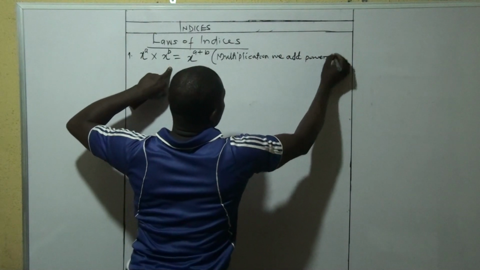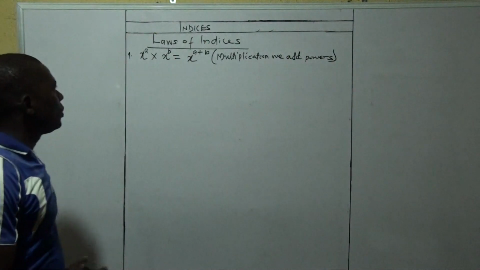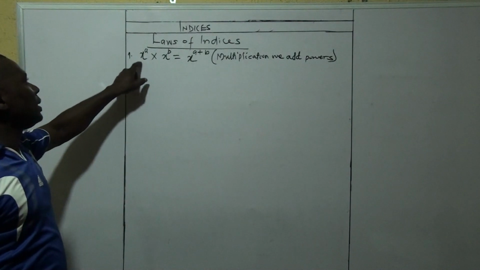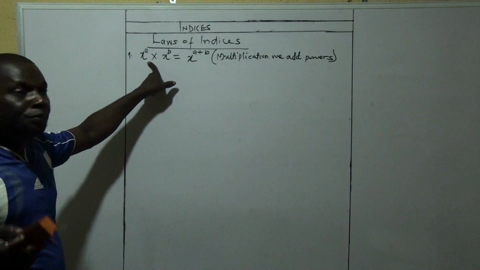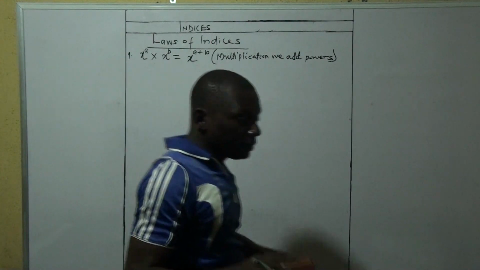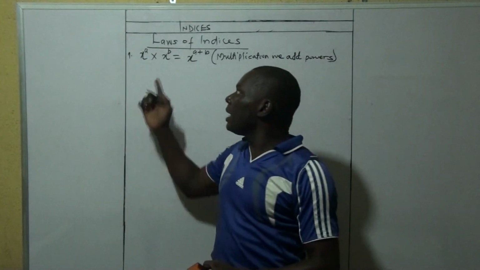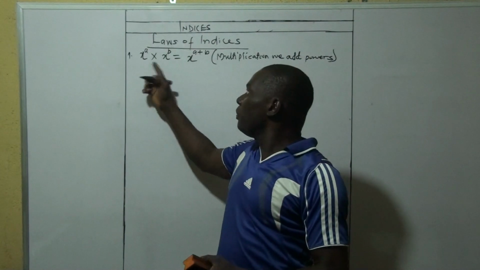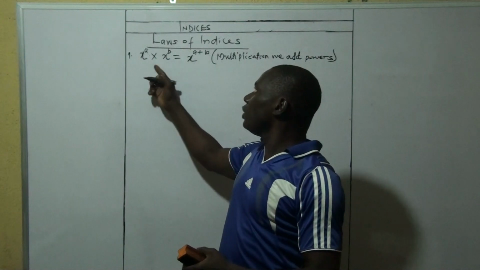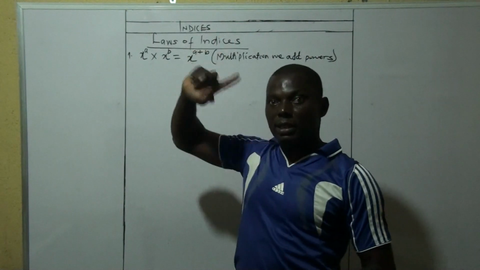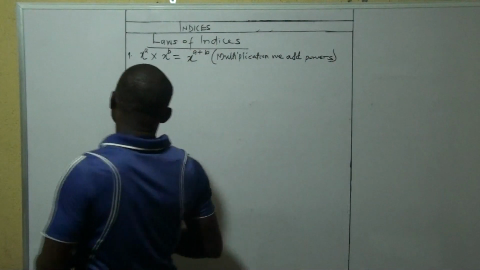We add powers or exponents. So in a given expression, if the operation sign is multiplication and the bases are the same, you take the base as a single one and add the exponents.